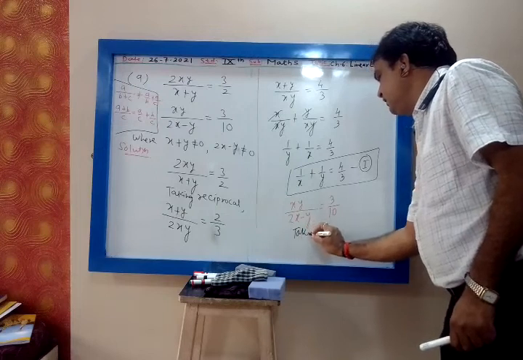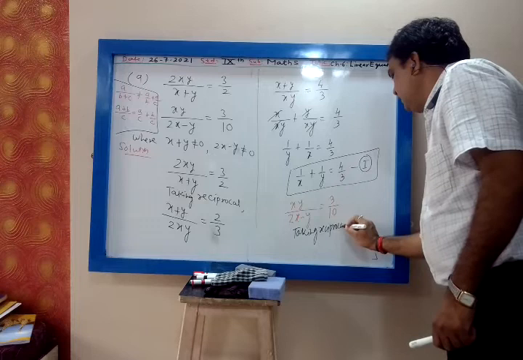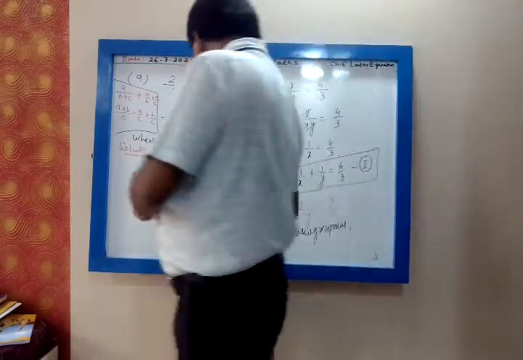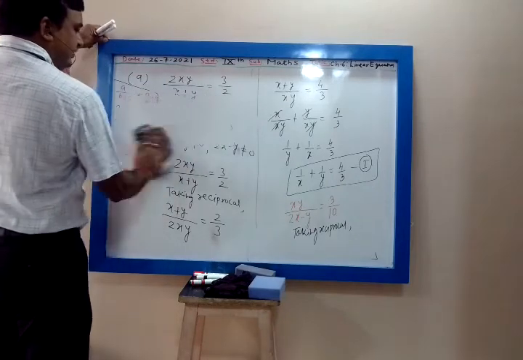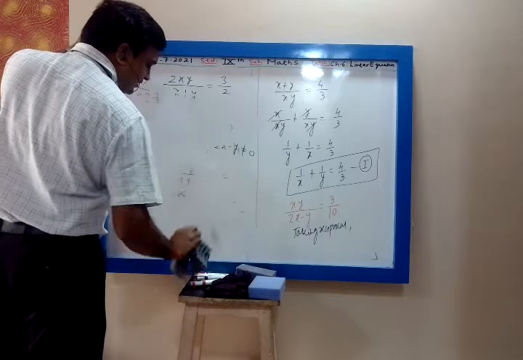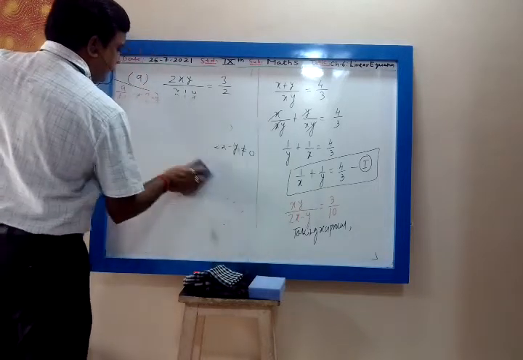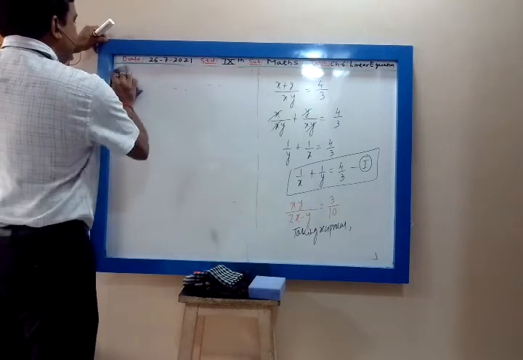Taking reciprocal, you will get 2x minus y upon xy. 2x minus y upon xy, what will you get?